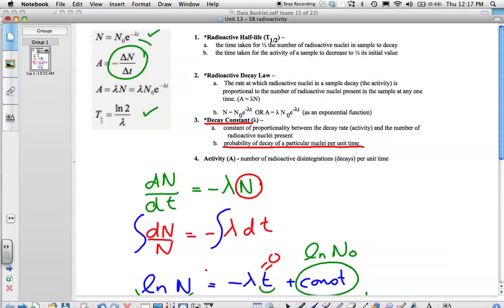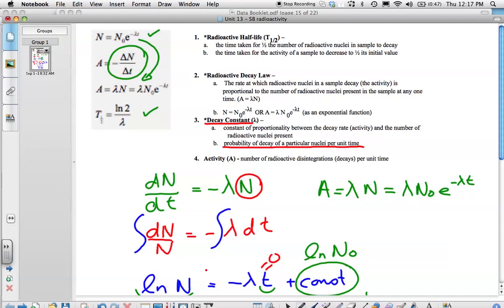And I can substitute this into there, so I can get a formula for A. So I can get A, which is equal to lambda N, and I can put in my N is N0, so I'm going to get lambda N0 e to the minus lambda t.